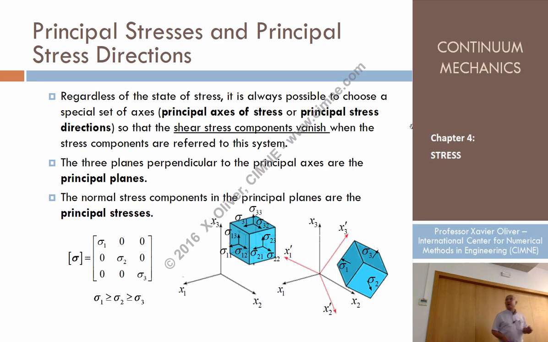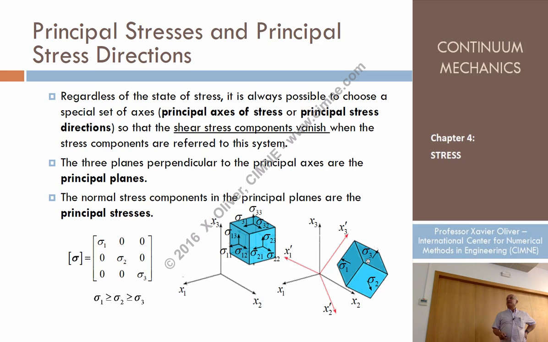What is our interpretation of that? Well, that means that there will be three planes in which there will be no tangential stresses. So there are three orthogonal planes in which the stress state is just a normal stress. How to find that? Well, that will be possible using some mathematical arguments. Let me say that these three directions, defining these three planes, are called the principal directions, and the three planes the principal planes.